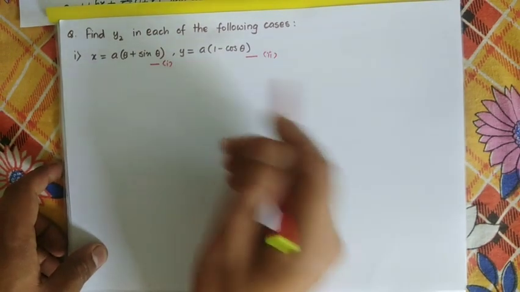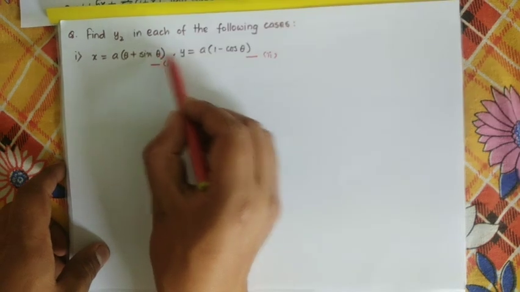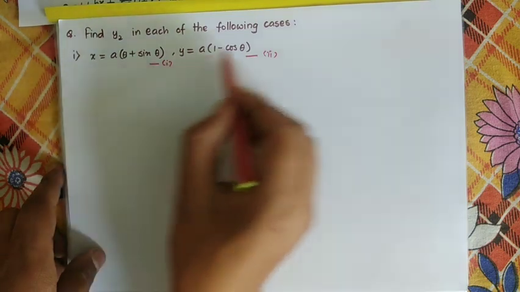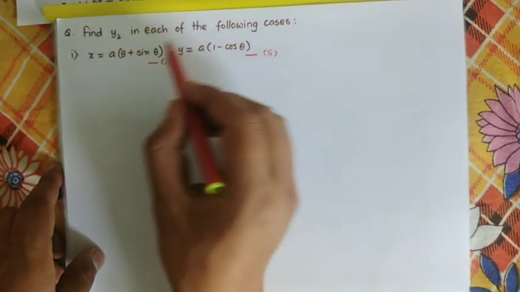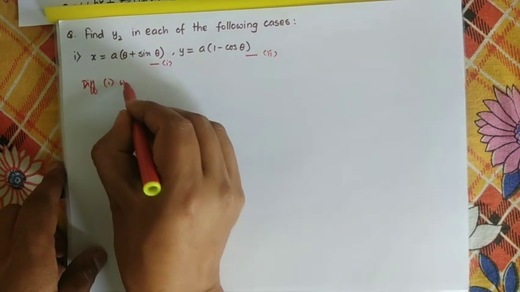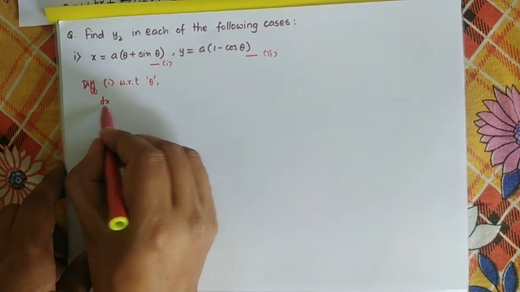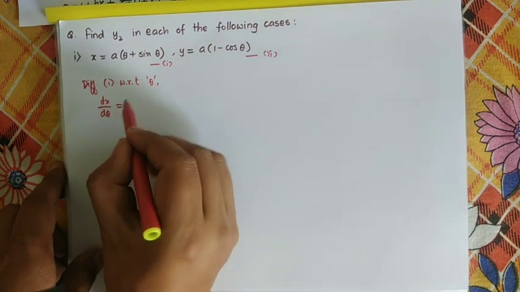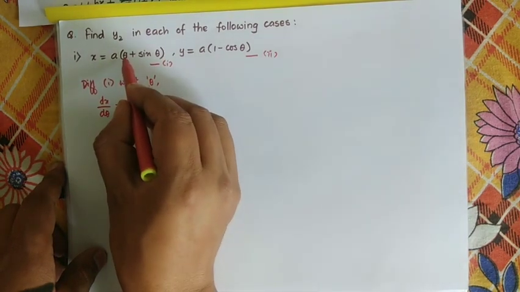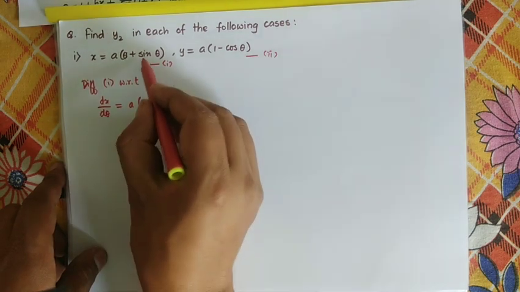Two equations are given. Here the parameter is theta, and a is a constant, so we'll first differentiate 1 and 2 with respect to the parameter, that is theta. Differentiating 1 with respect to theta, dx by d theta equals a, which is a constant so it is kept outside, times 1, the differentiation of theta with respect to theta, plus cos theta, the differentiation of sine theta.